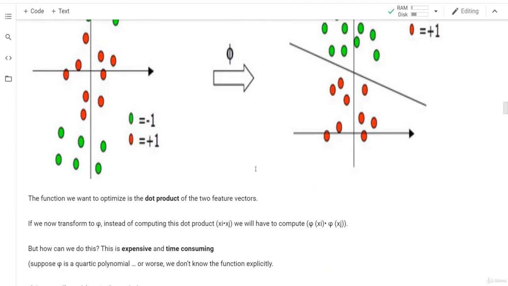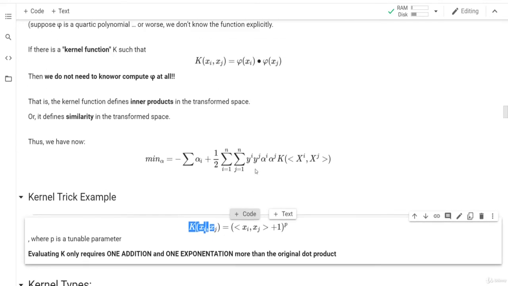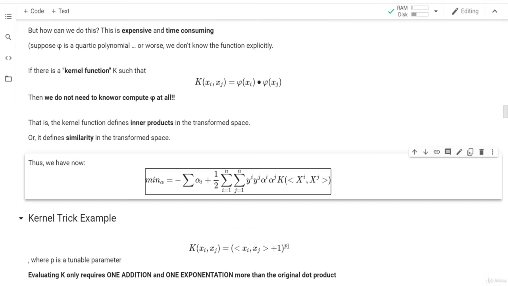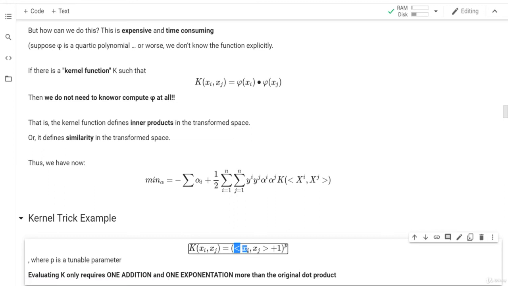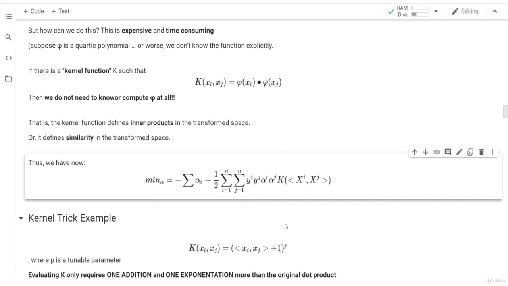Now let's have a more general function for the polynomial: xi, xj, which is what we were calculating before, plus 1. Let's just say that the 1 is for the bias, and we have power p. This is the kernel we are going to compute. Now b can be 1, 2, 3, whatever.